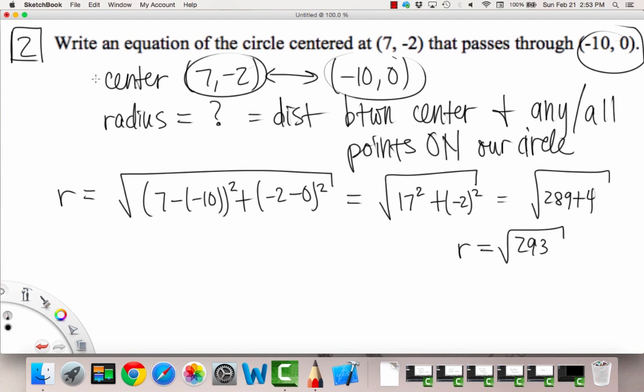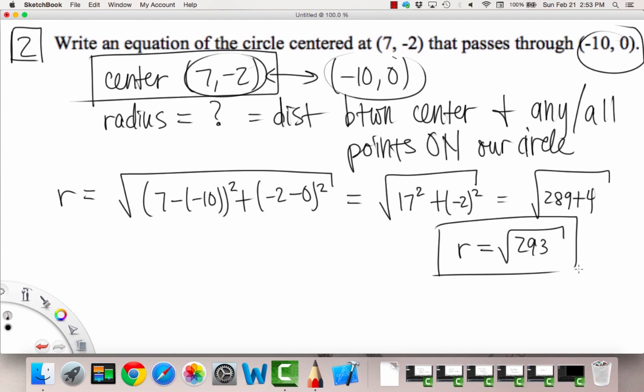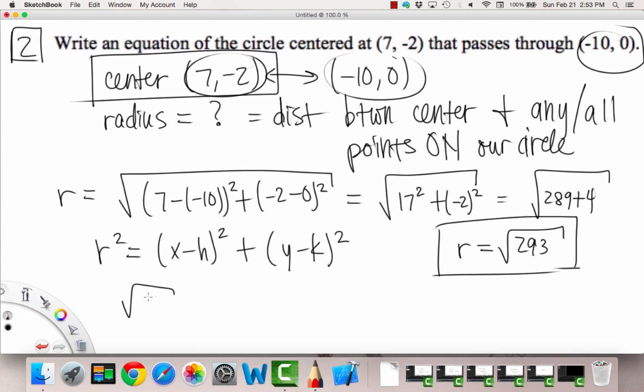Now we have our center, which was given, and we have our radius, which we just figured out. Now we'll plug it into the equation for our circle: x minus h squared plus y minus k squared. If we plug in our radius, we get the square root of 293 squared equal to x minus h, the x coordinate of our center, so that's 7, plus y minus negative 2, so that's y plus 2.